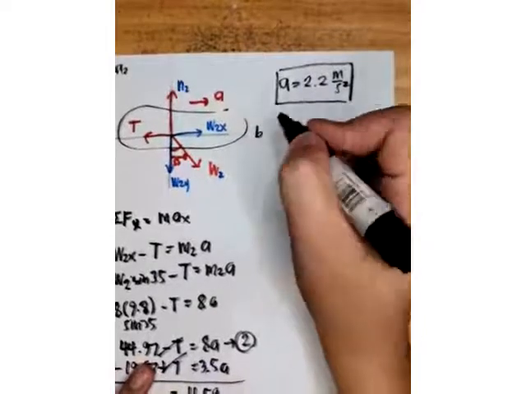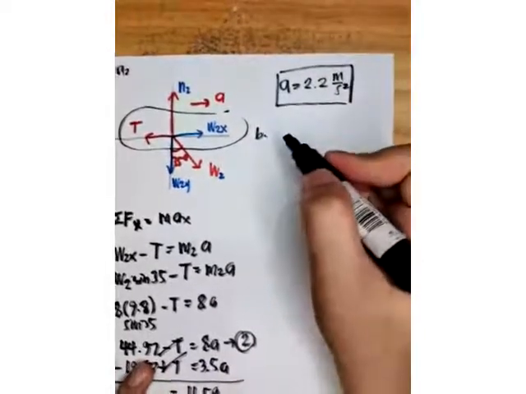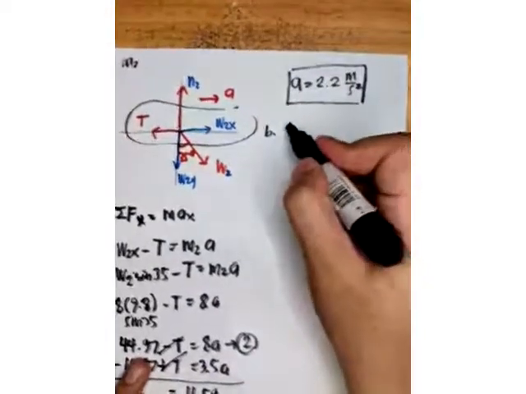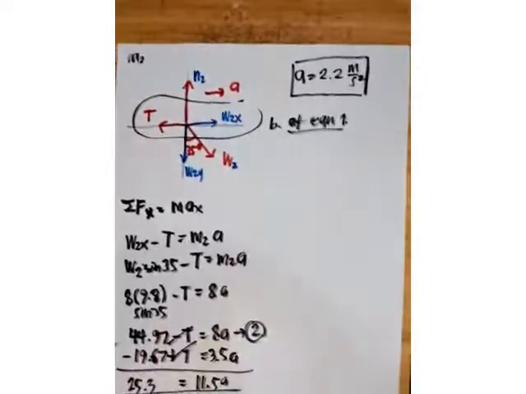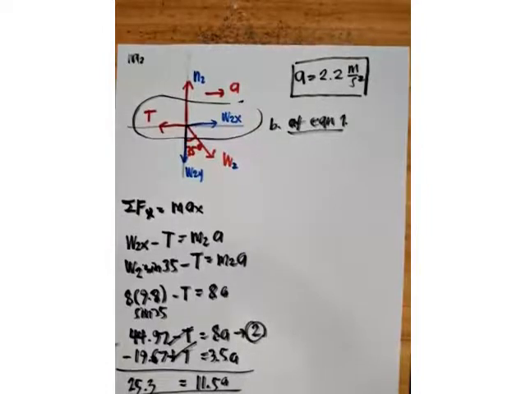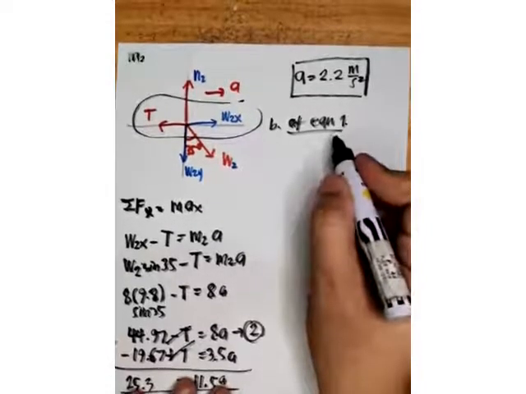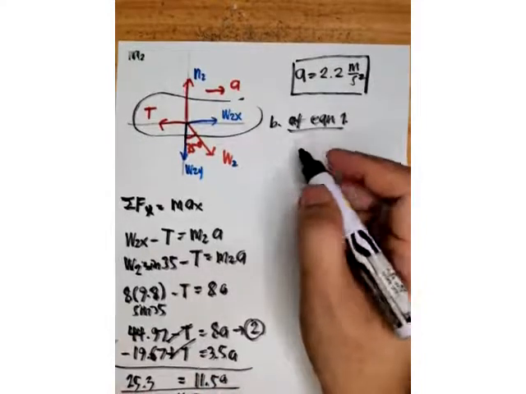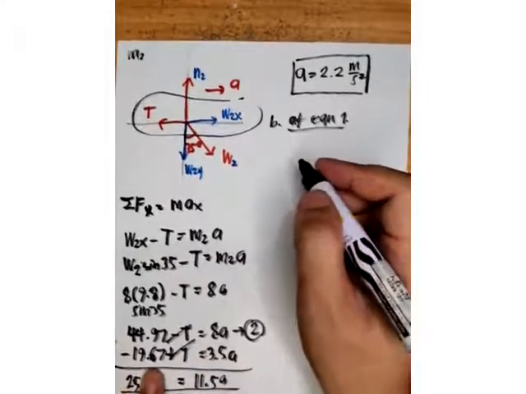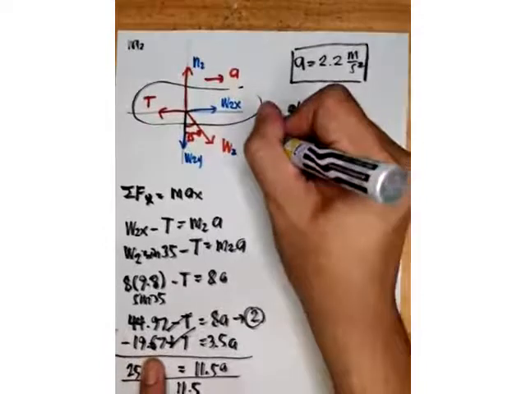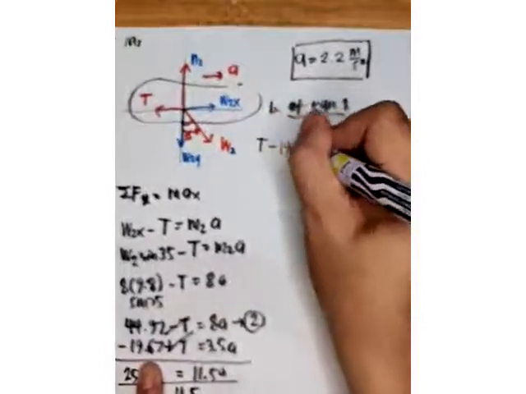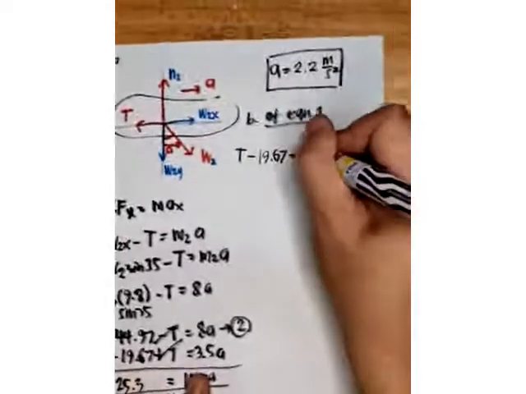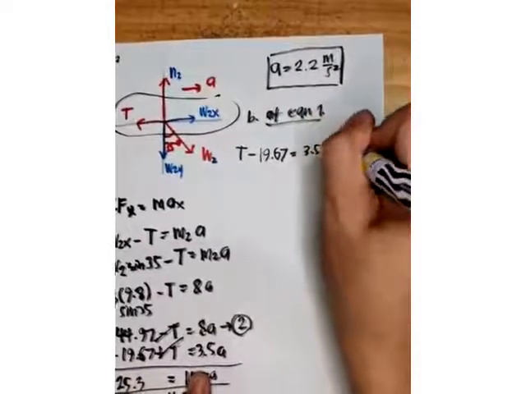And yung B natin ay, ano yung tension? So yung tension, sa equation 1 na lang. Ilalagay ko sa equation 1 kasi positive yung tension doon. Para hindi ko na siya tinatranspose. So at equation 1, tension minus 19.67 is equal to 3.5 times 2.2.